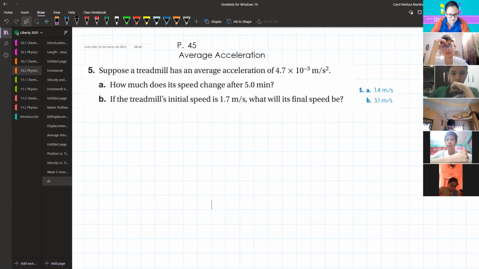Okay, first of all, we need to focus on the topic. The topic is average acceleration, which means that the equation we're going to be using is the equation for average acceleration.